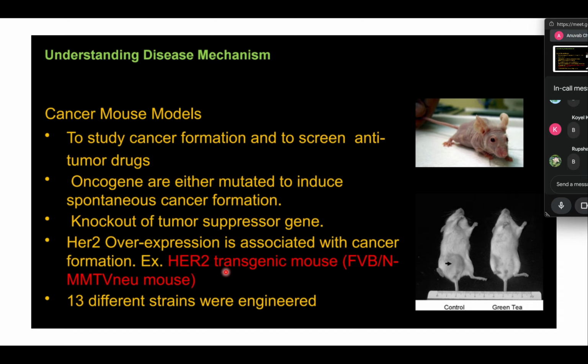For example, HER2, which is a gene. HER2 overexpression is associated with cancer formation, and you have HER2 transgenic mice, which is on an FVB background. This will be a very aggressive mouse. Whenever you activate this particular mutation, the mice will start having tumors. And various different strains are engineered.